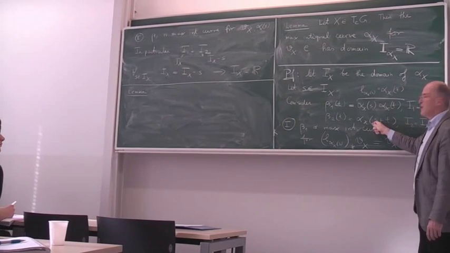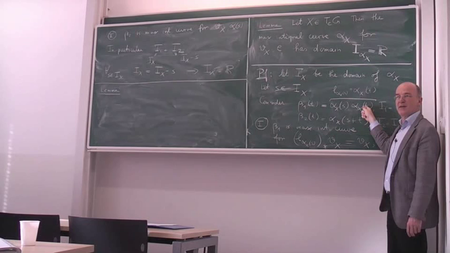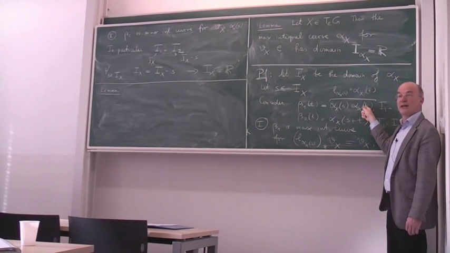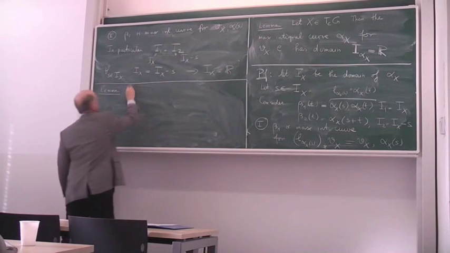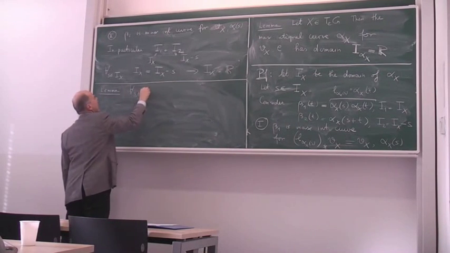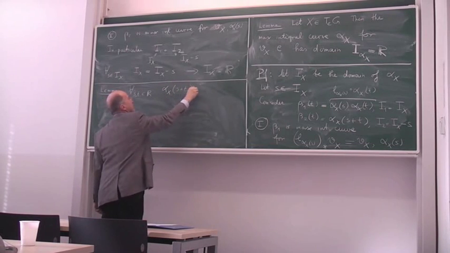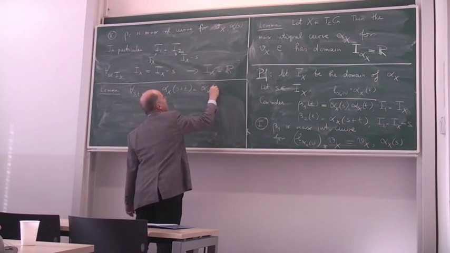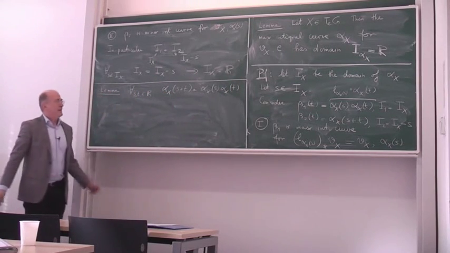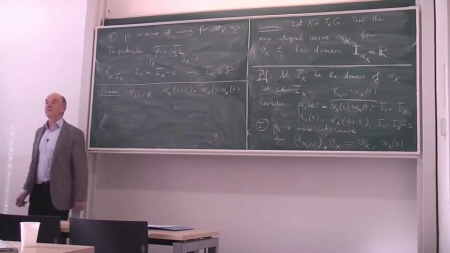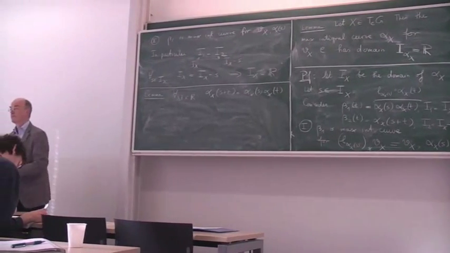And that means in particular that we have this equation for all s and t in the interval of definition, which now is for all s and t element of R: alpha x of s plus t is alpha x of s times alpha x of t. Now this very much looks like the property of an exponential.